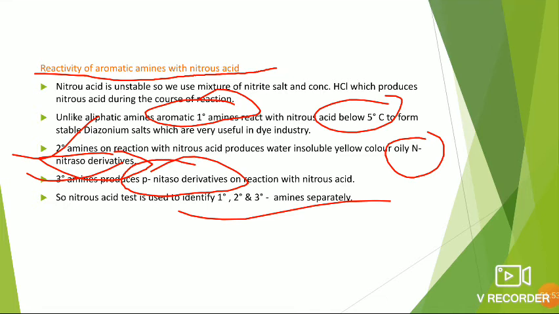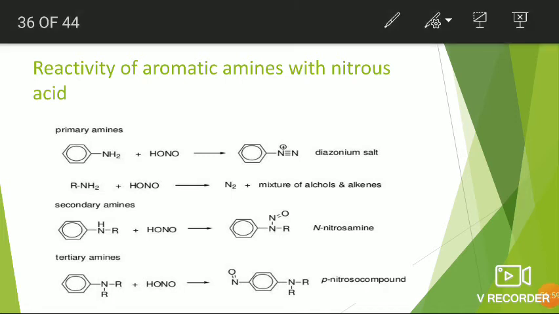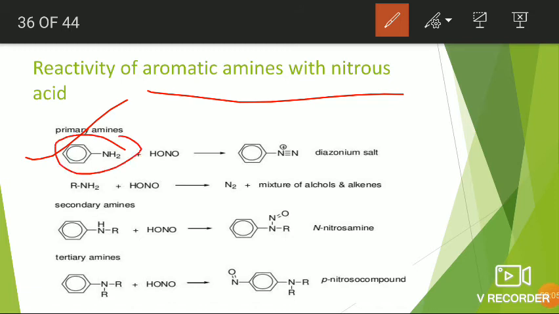Next, if you observe the reactions of nitrous acid with aromatic amines, the aromatic primary amine, and the best example is aniline, undergoes reaction with nitrous acid to form benzene diazonium salt.